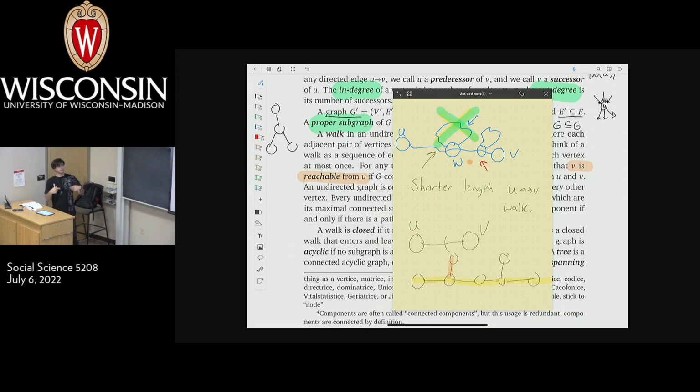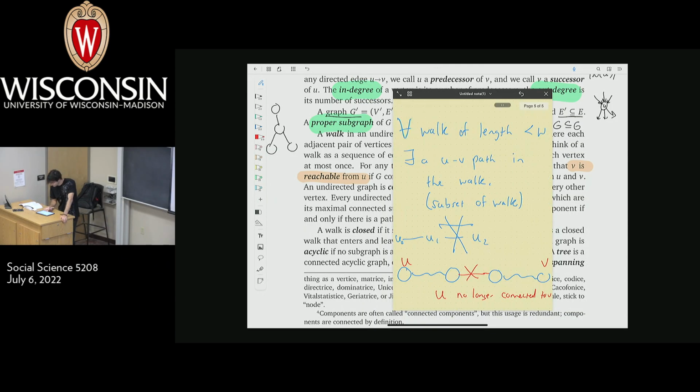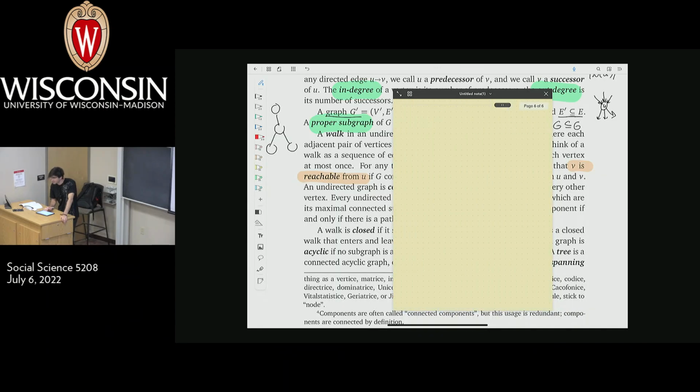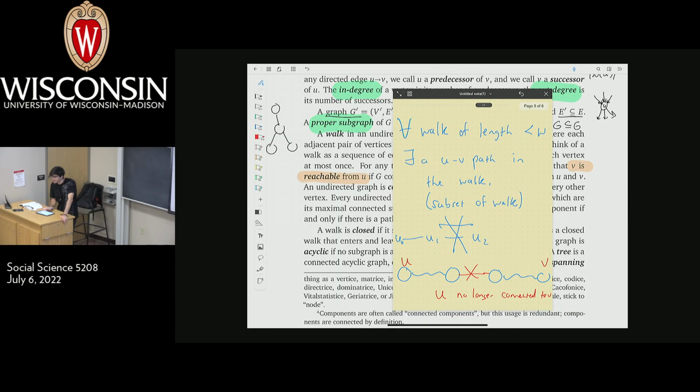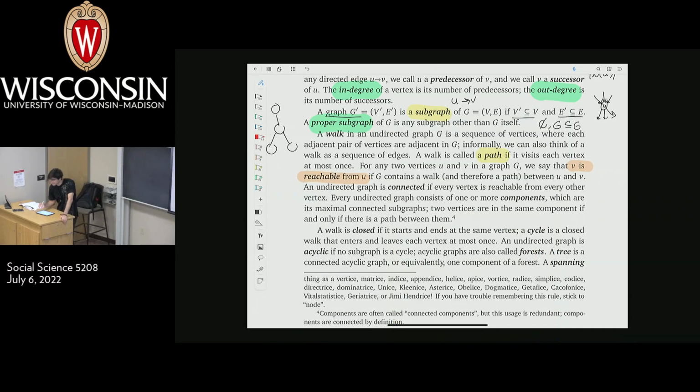And recursively, you continue the process on the smaller and smaller walk until eventually the walk is just a path because there are no more repeats. Cool. Any other questions about that? Awesome. That was a good example.